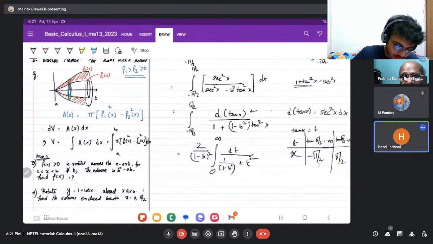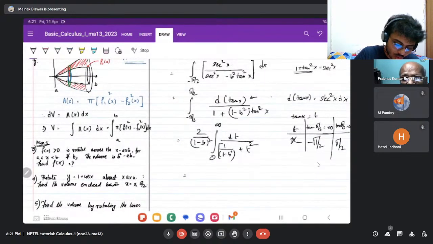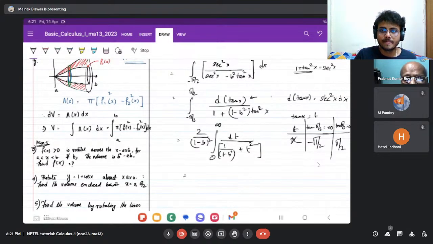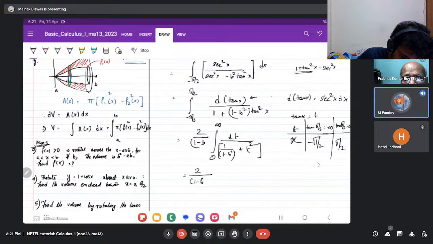Next, what is the integral of dx by a square plus x square? I have it written, but I want to test if you are practicing. 1 by a tan inverse x by a. Correct.